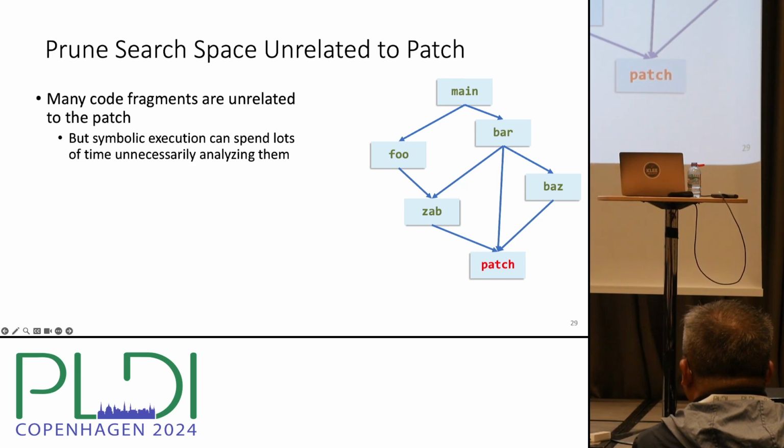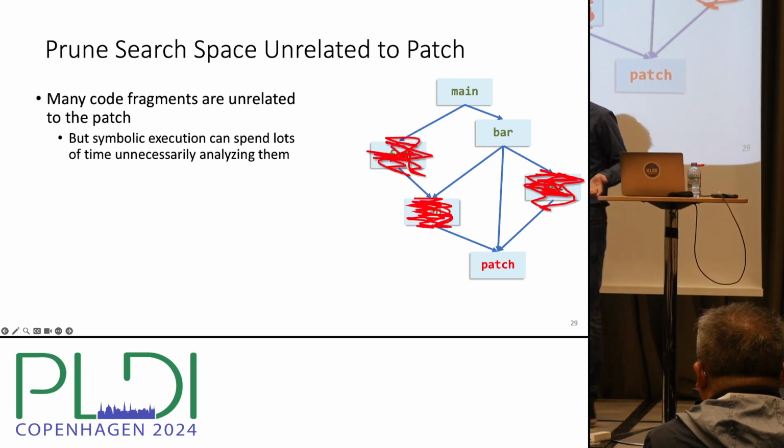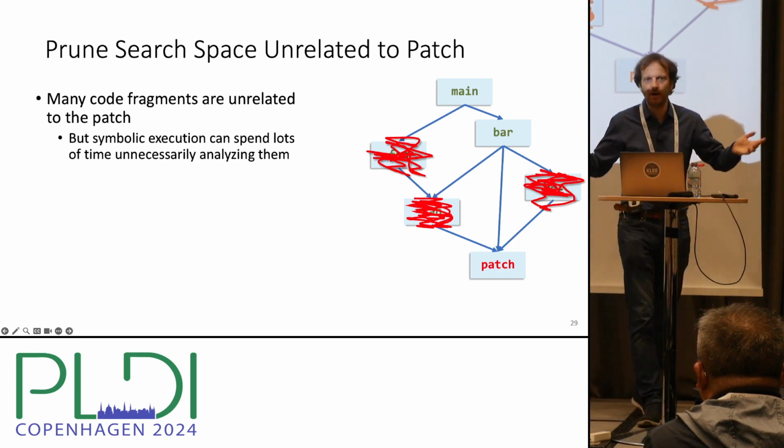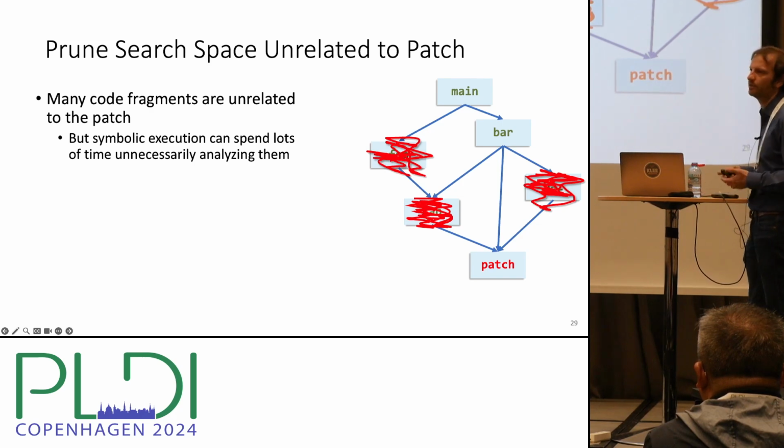Now, you agree with me that in many cases the code where the patch is is unrelated to a lot of other code, but of course not all. So let's say that I knew that in this call graph, foo, zab, and buzz have nothing to do with the patch. Then I could just eliminate them, and now I can really focus my fuzzing on the part of the code that is relevant to the patch.